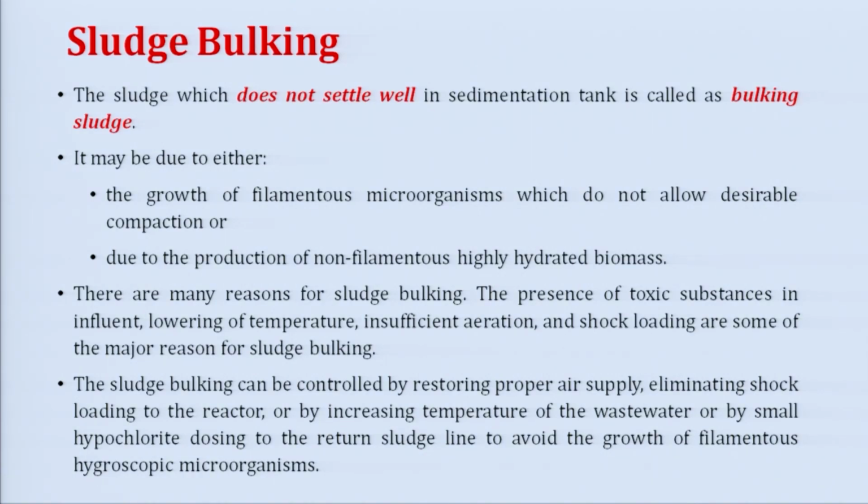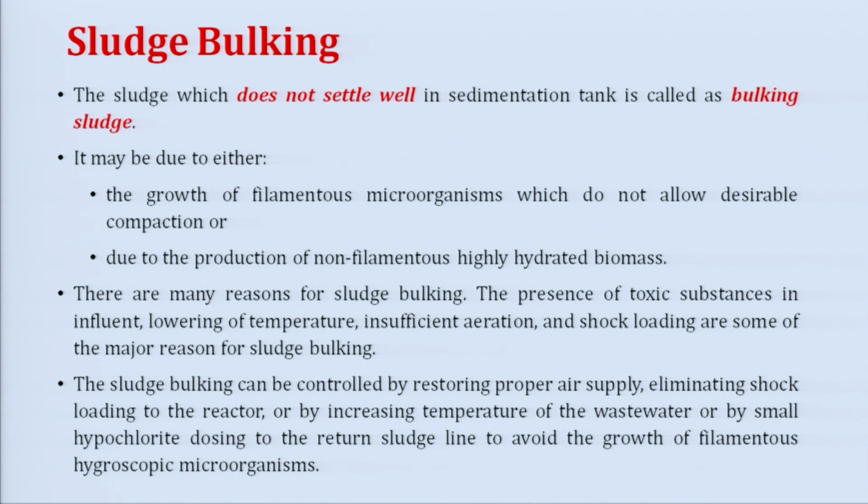We have already talked about how it consists of an aeration tank and a secondary sedimentation tank. Today I will be talking a little bit on a very important part of activated sludge, which may cause problems to an activated sludge plant, called sludge bulking.